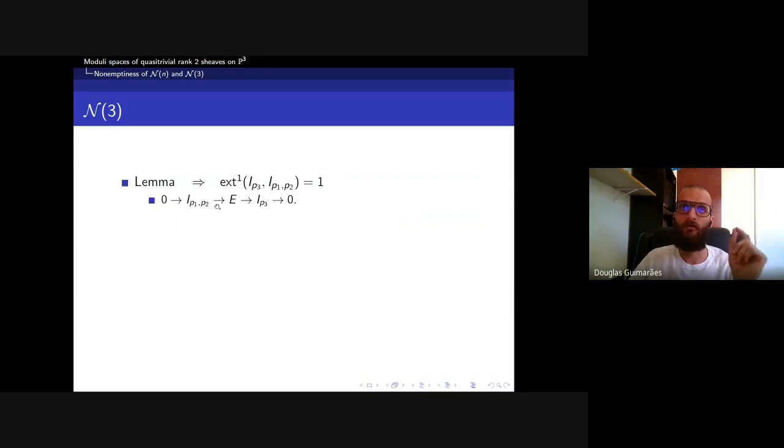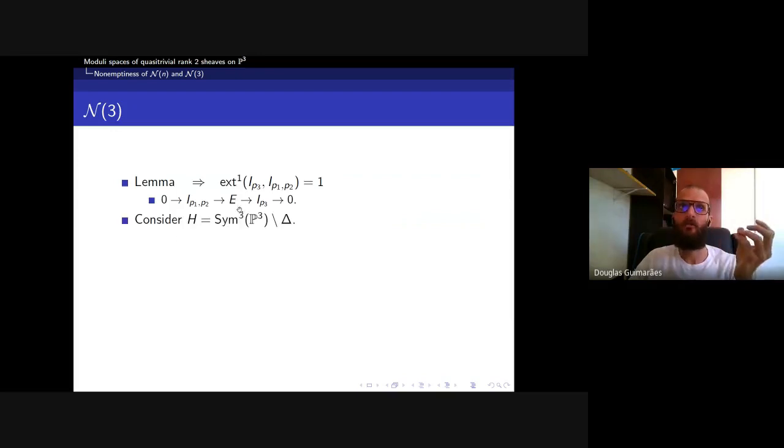choice of 3 points here, we have only one non-trivial extension up to multiplication of a scalar. And if you note here, this extension, if it's non-trivial, is always stable because we are exactly in the most balanced case by our lemma. So choosing these 3 points, there is only one non-trivial extension, and this extension is stable.